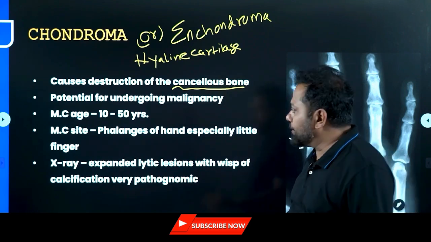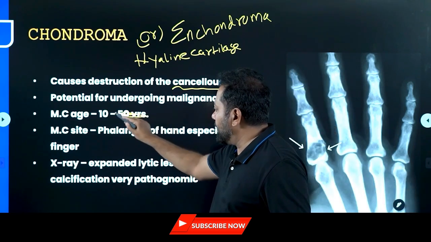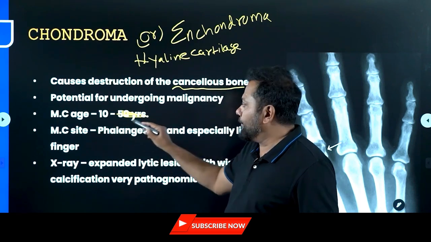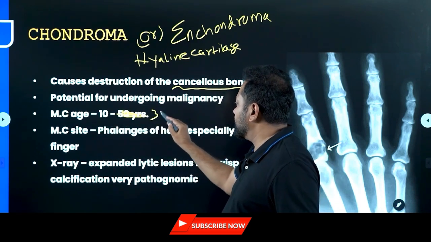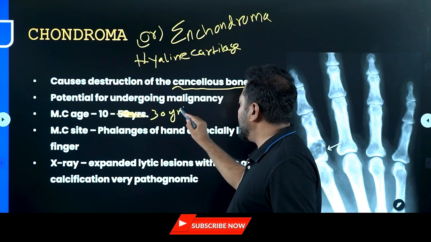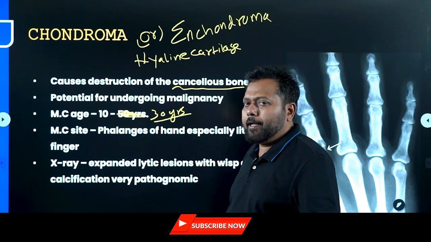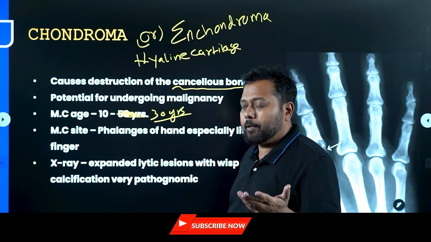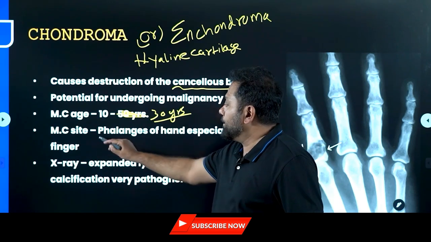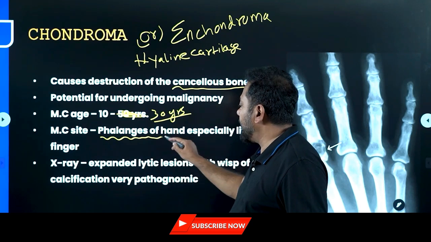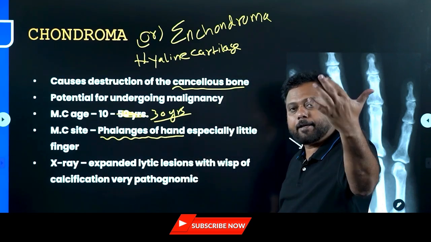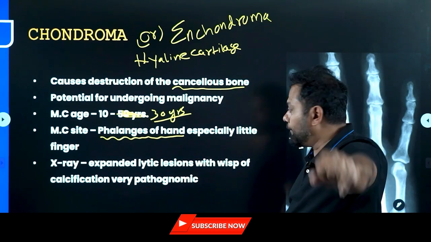The peak age of incidence, don't note down 50. This is the peak age of incidence, 10 to 30 years. It can happen anywhere in the body since it's a hyaline cartilage tumor. Most commonly, this is seen in phalanges of the hand, especially the little finger.